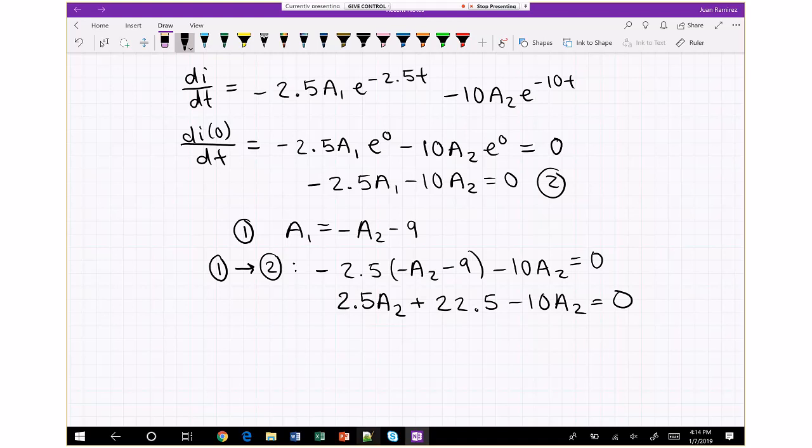Okay, so that'll give us negative 7.5 A2 equal to negative 22.5. I can't quite do that one in my head, but okay, A2 is equal to 3.